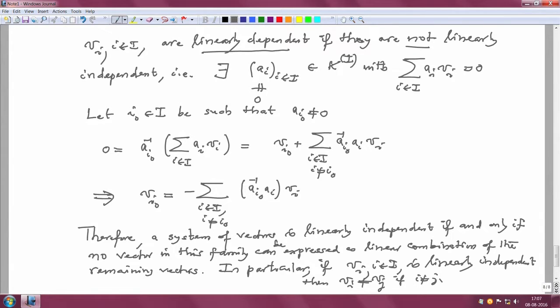So in a linearly independent family, no vector is repeated.